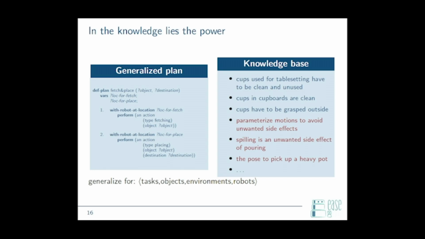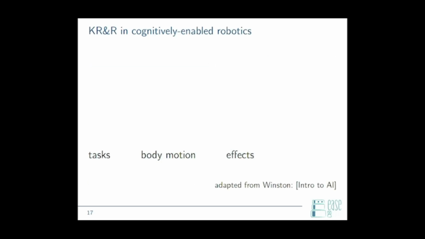So in this light, cognitively enabled robotics is about tasks, about robot body motions, and the physical effects of them. In the programs, we are not touching the body motions and effects directly, but we are developing models which are targeted at the tasks, body motions, and effects.